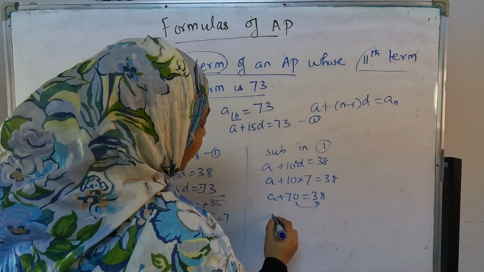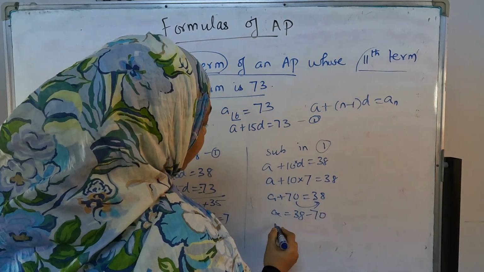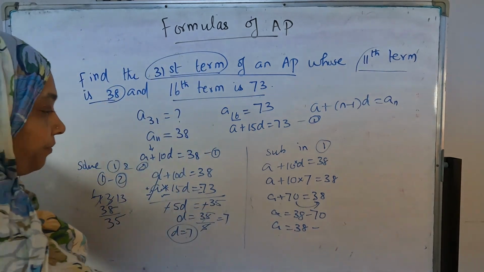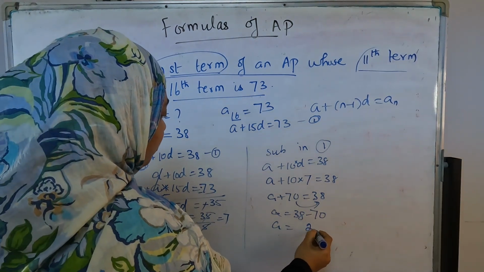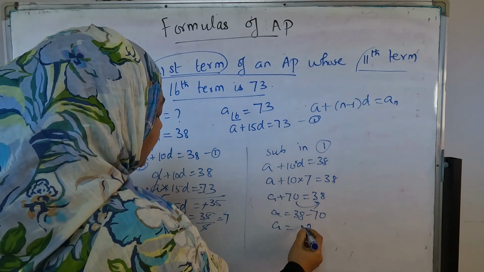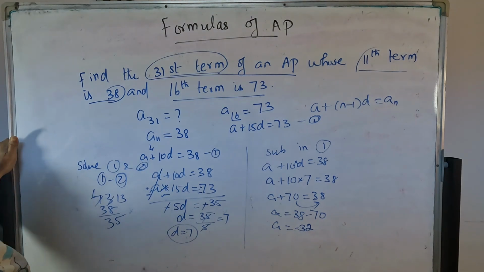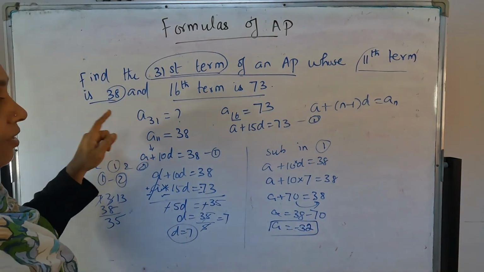This 70 you bring here, so A equals 38 minus 70. It is minus 32. A is minus 32. Okay, this is the answer.